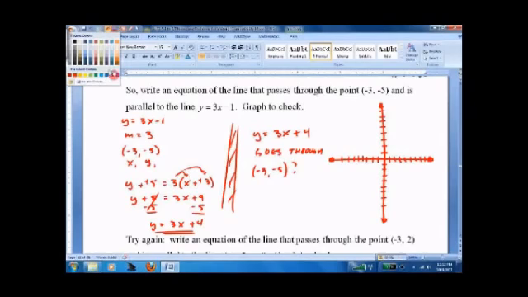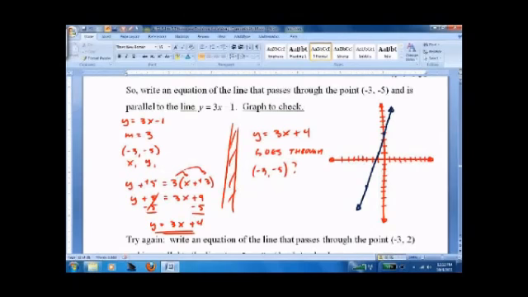So, up 4, 1, 2, 3, 4. Up 3 over 1. I'm also going to do down 3 over 1, just in case I'm not drawing my lines properly.